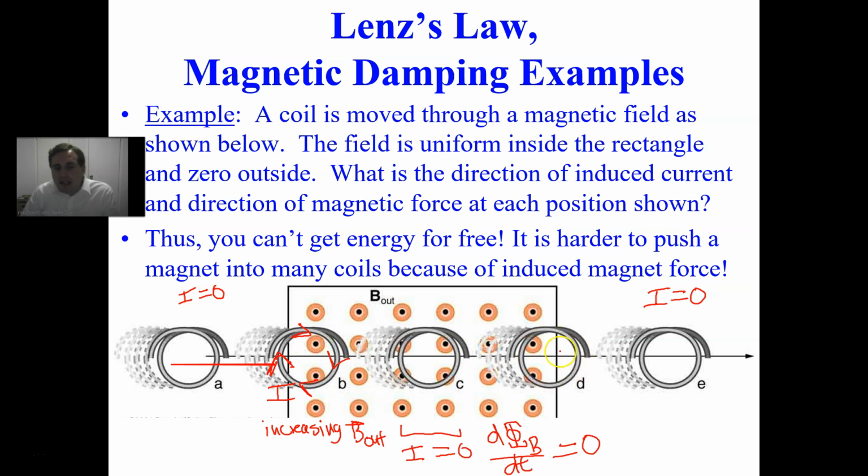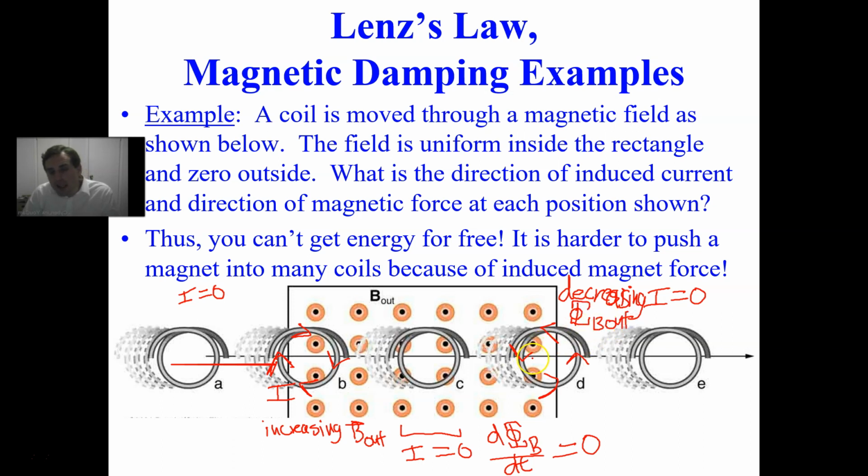Now how about at D? At D, hopefully you can almost intuitively induce that it's going to be the other direction. Instead of clockwise, it's going to be counterclockwise. And indeed it is counterclockwise, but let's see if we can verify that. At this point here, we're decreasing phi sub b, the magnetic flux that's out of the page.